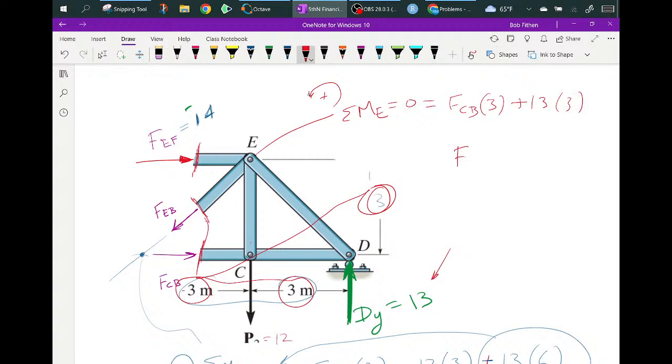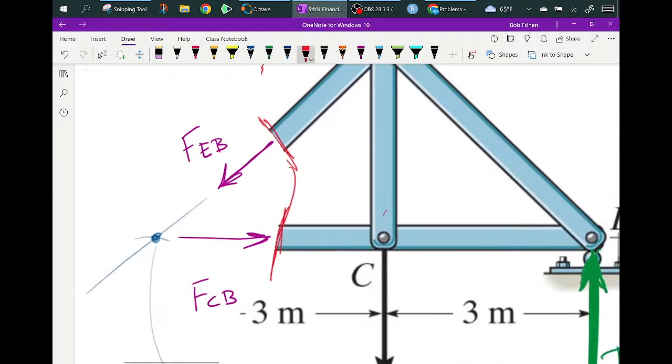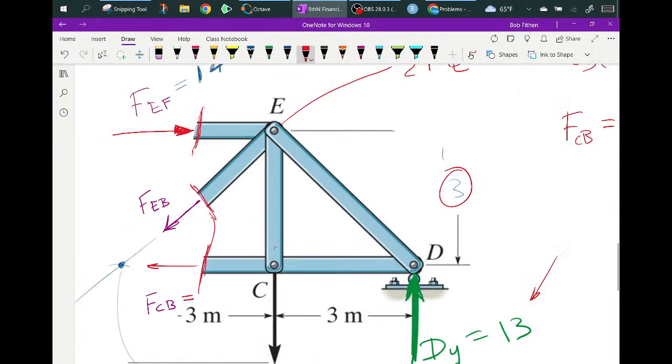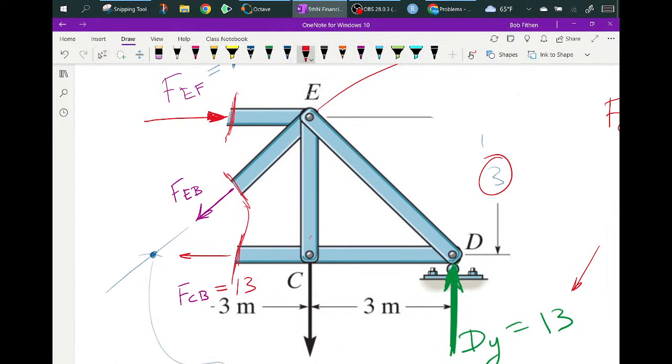Because then that makes FCB equal to minus 13. So that's beneficial because now I've assumed it the wrong way, and it goes the other way. And what was the answer? What was the thing? 13? Okay, did I make a mistake?